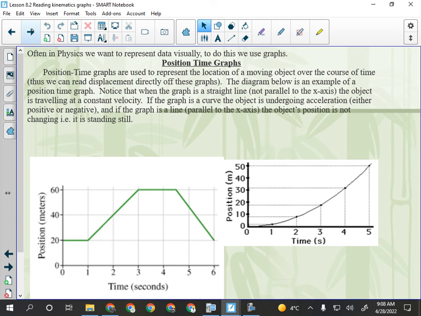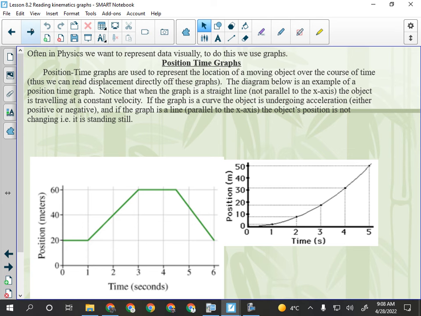All right, what's going on in this graph between 1 second and 3 seconds? Okay, rising, moving. I'm looking for even more specific. Those are all right, but I'm looking for a little bit more. It is moving.